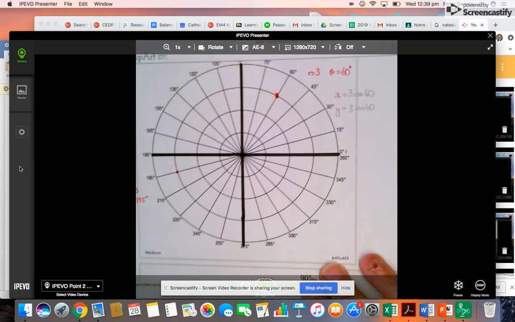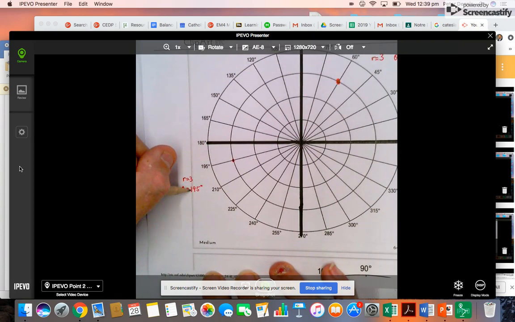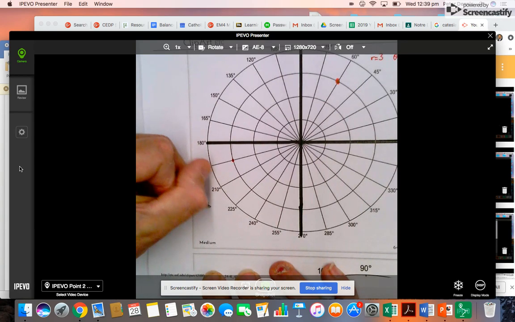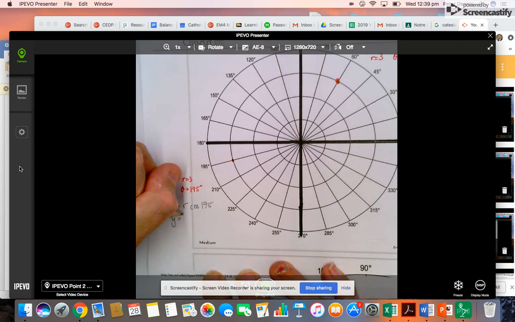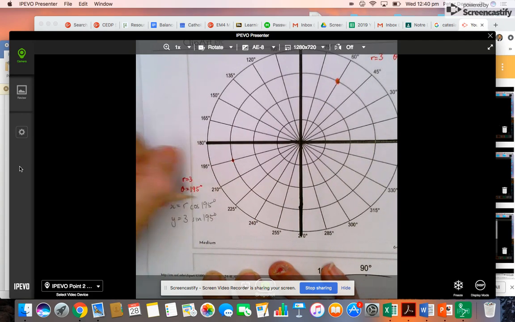And we can just work out what that is. Over here, we can do exactly the same. It's 195. Remember, x is going to be 3 cos 195, and the y value is going to be 3 sine 195. And here I'm working in degrees, not in radians. So going both ways, hopefully that clears it up a bit.